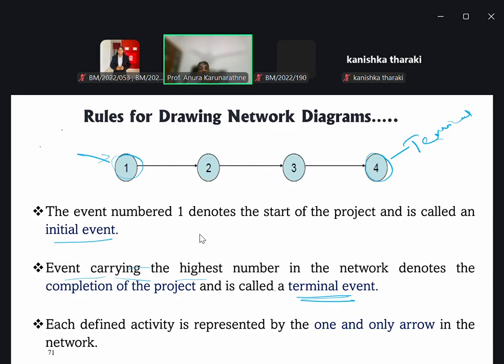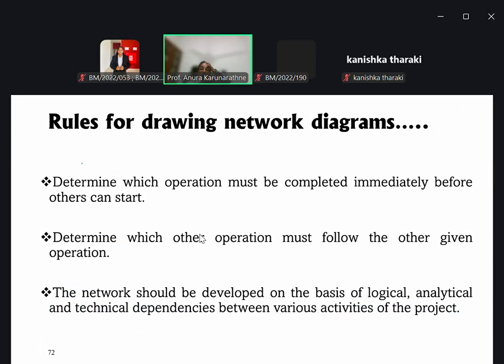Initial event, known as the initial event. Not the activity, the event. Each defined activity is represented by the one and only arrow in the network, right? So we can show them through the arrow.